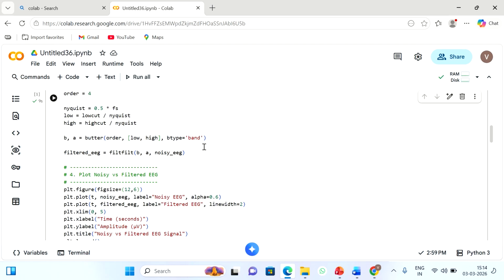That is why the Butterworth filter is adopted, and in this EEG case we are selecting a band pass filter. Next one, plot noisy versus filtered EEG.